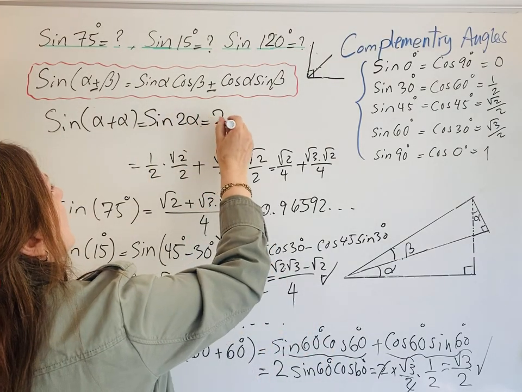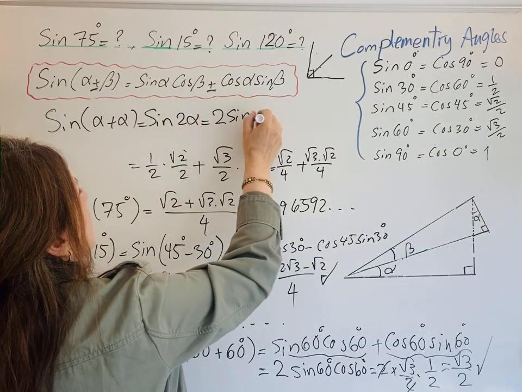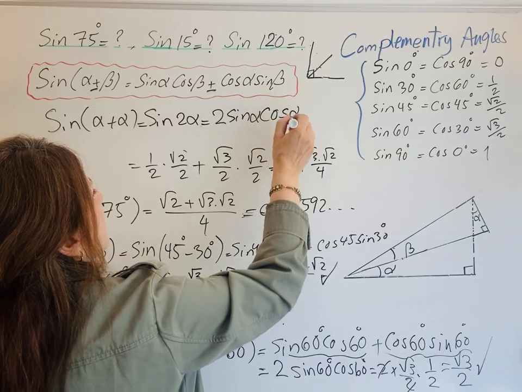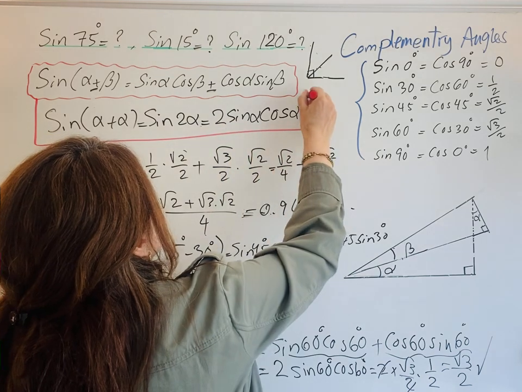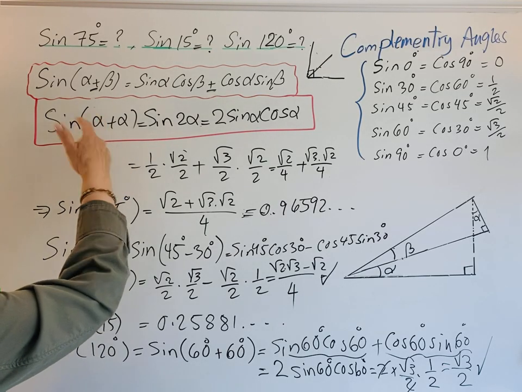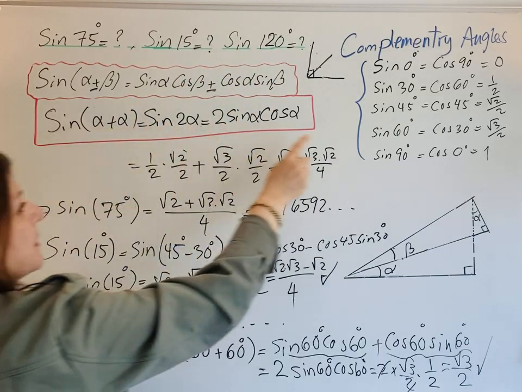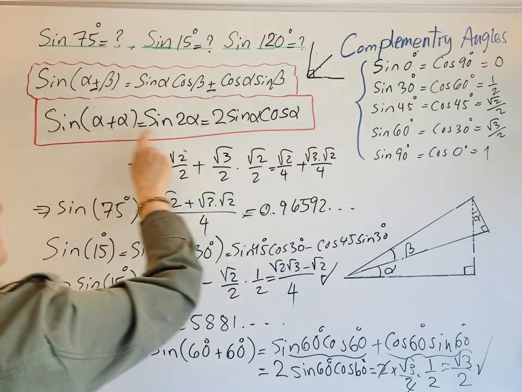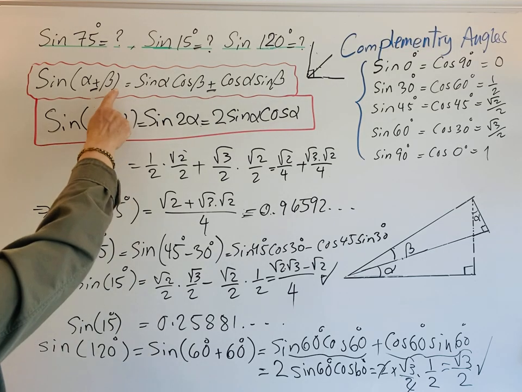Because this one and this one are equal, we can say 2 sine of alpha cosine of alpha. We can say this is the sine of a double angle. If A and A are equal, we can write this as 2 sine A cosine A. Okay, we use this one. Hope you like this kind of question.